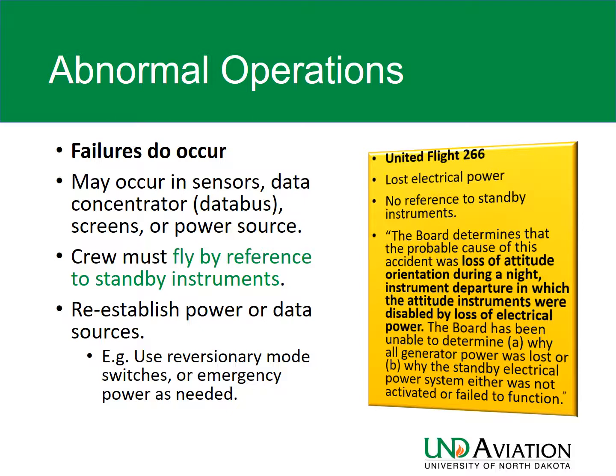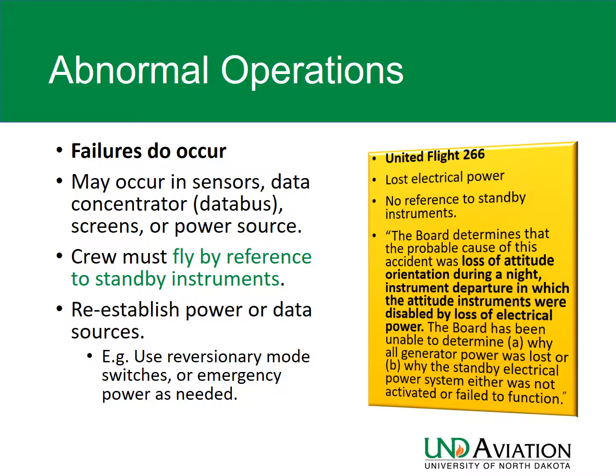You, the crew, have to be prepared and are usually going to be trained on this in your initial qualification and often in recurrent training or CQ as well. You'll fly by reference to standby instruments if the conditions require, and then of course redisplay the data source. That could be switching to a new display if automatic switching didn't occur, or using a reversionary panel.